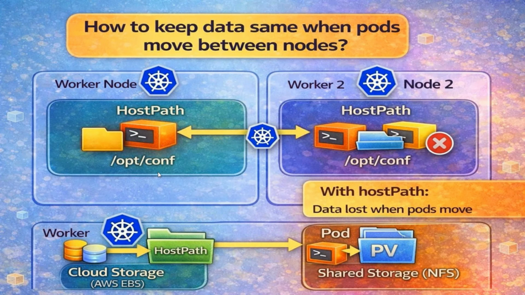So we need storage that stays the same even when pods are deleted or moved between nodes, and it should be independent of the pod lifecycle. Okay, so this is the moment where Kubernetes introduces a new idea: separate the application lifecycle from the storage lifecycle. That separation is the foundation of persistent volumes.